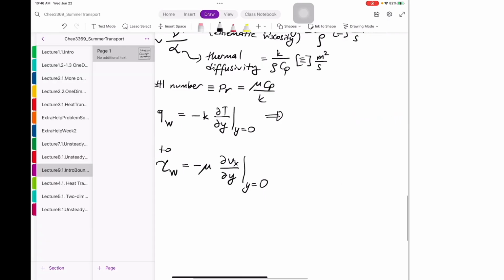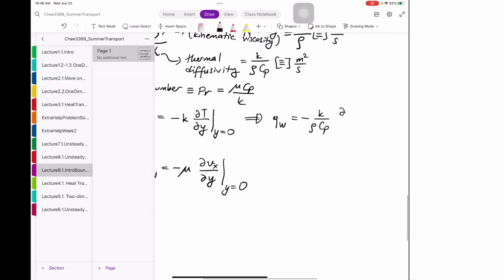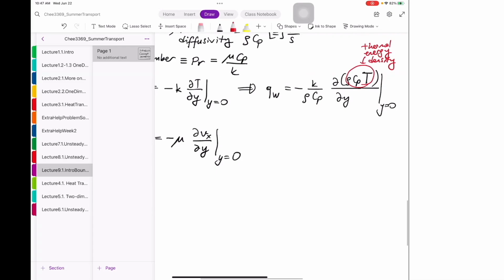So basically, you get q_w is equal to minus k over rho Cp if you divide by rho Cp and multiply by rho Cp. Okay, so basically this is the thermal energy density, how the density is changing with y.